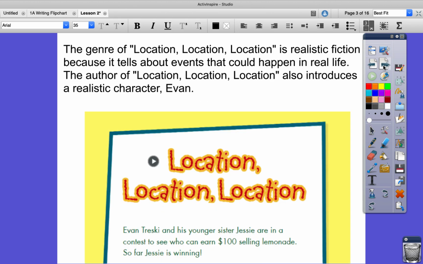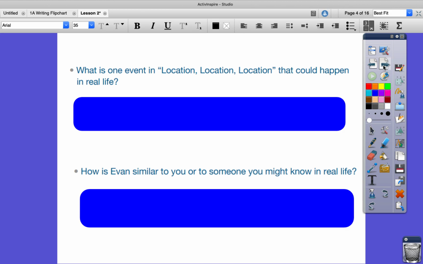The genre of Location is realistic fiction because it tells about events that could happen in real life. The author of Location also introduces a realistic character, Evan. So what is one event in Location that could happen in real life? Let's take a look.